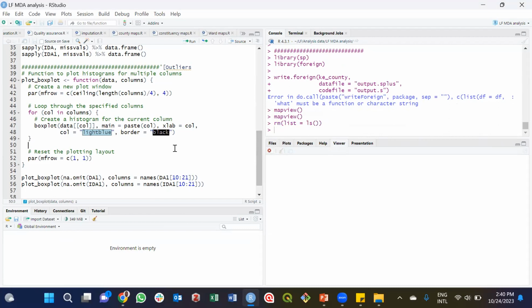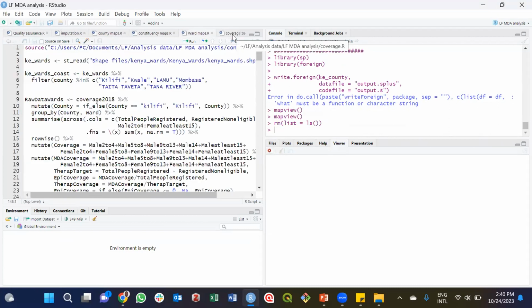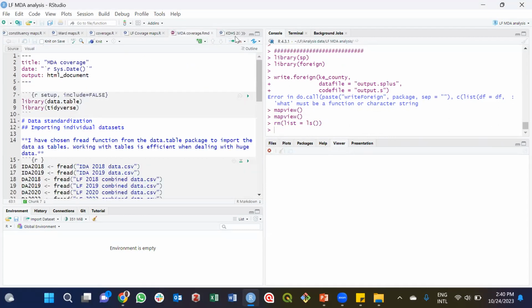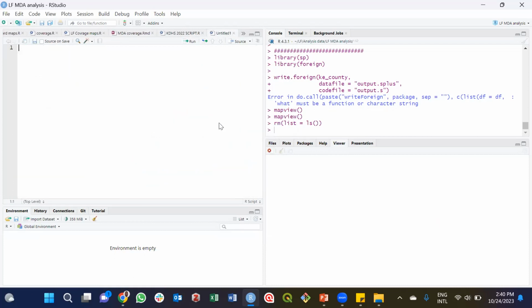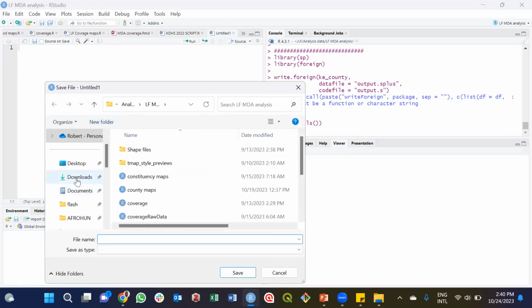Okay, so I will open a new script. I hope you've all been introduced to R. That is my assumption. So I'll save it somewhere.